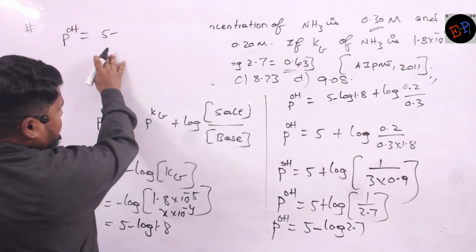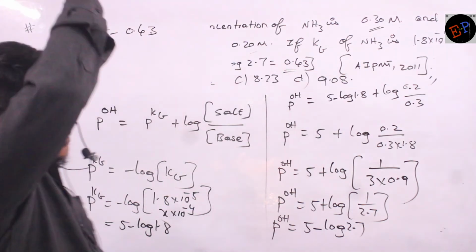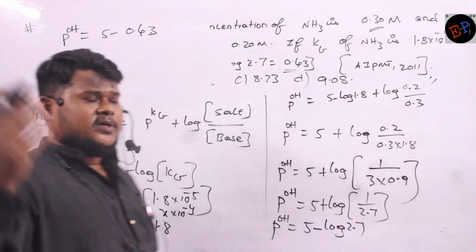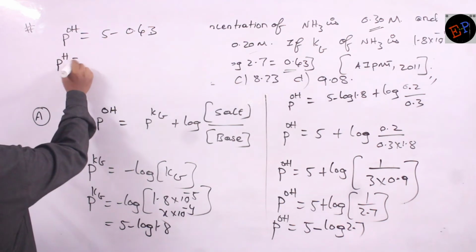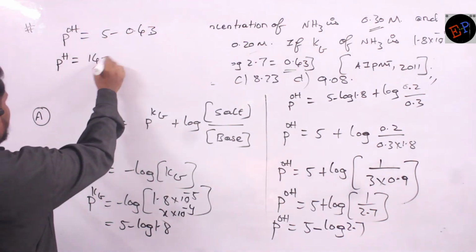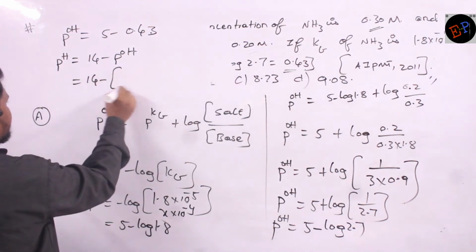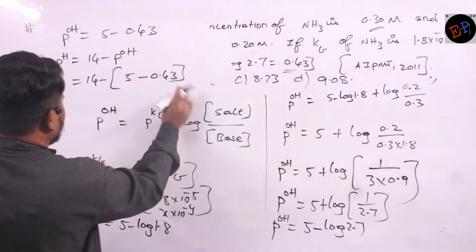5 minus 0.43. But he is asking us to find the pH. We have calculated pOH, but he is asking us to find pH. So how can I calculate the pH value? 14 minus pOH. This is the formula. So 14 minus pOH value, which is 5 minus 0.43.